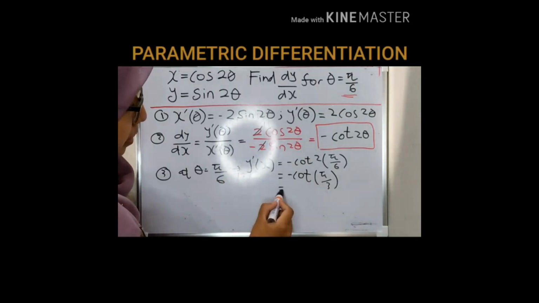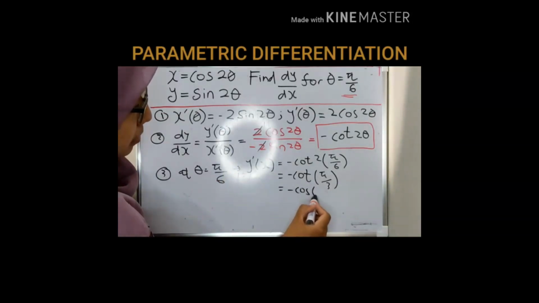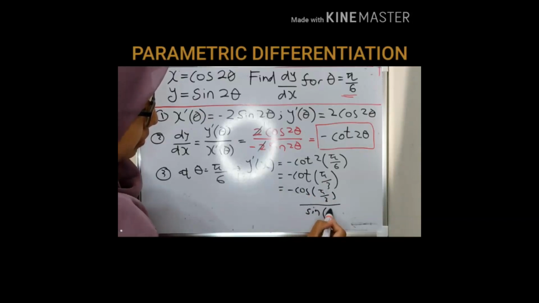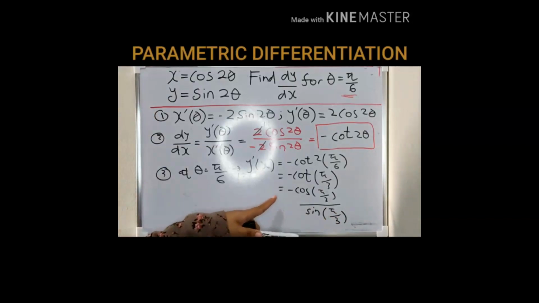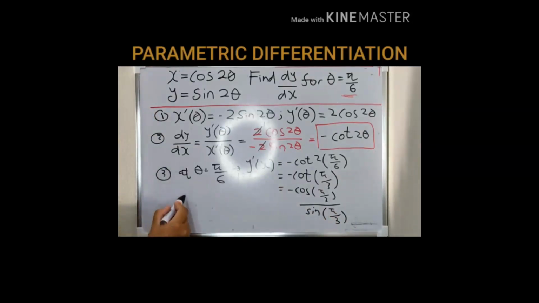This is actually negative cos pi over 3 over sine pi over 3. You can use your calculator to find the value in radian, or if you remember the triangle formula.